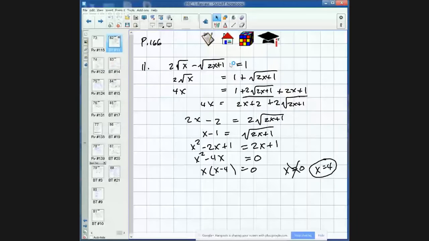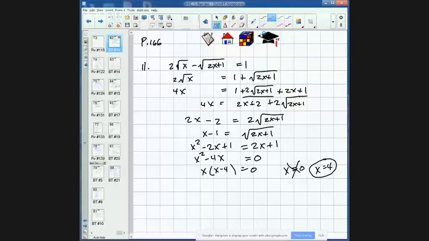Before you do that, it's a little bit easier if you get one of the square roots to the other side. And in this particular example, that would be that one.